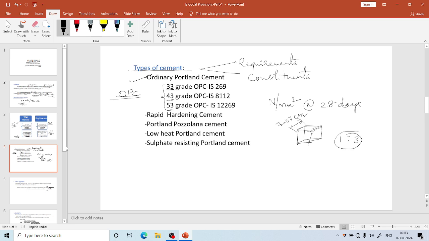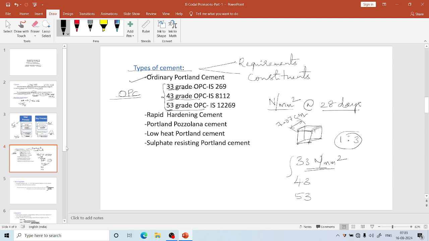When we test this cube at 28 days, if the compressive strength is 33 Newton per mm square, then we call it 33 grade OPC. If that strength is 43 at 28 days, then we call it 43 grade. If it is 53, then we call it 53 grade OPC.